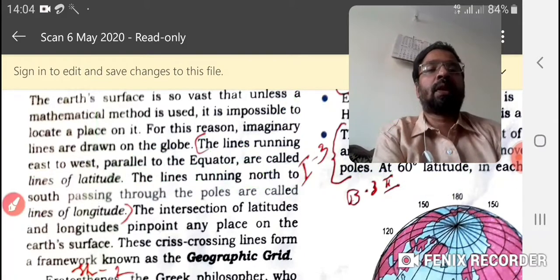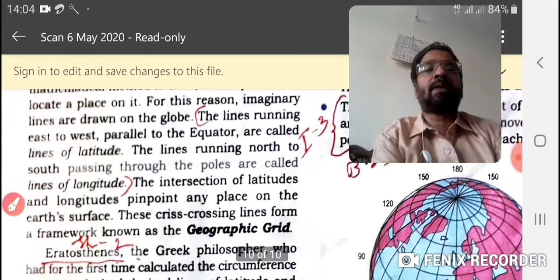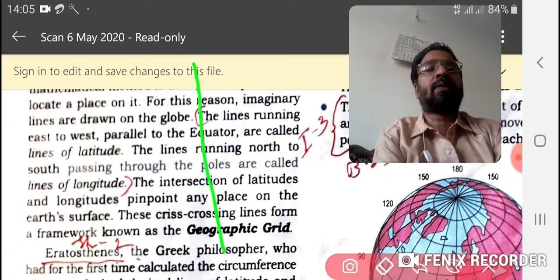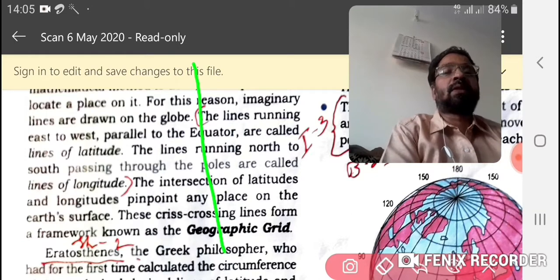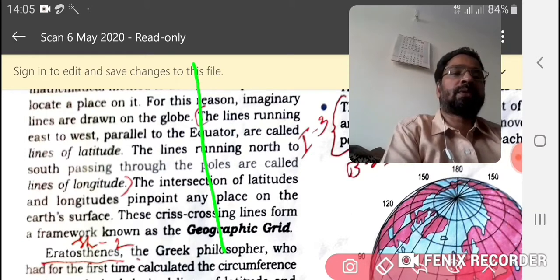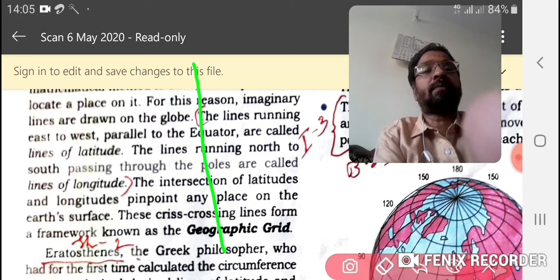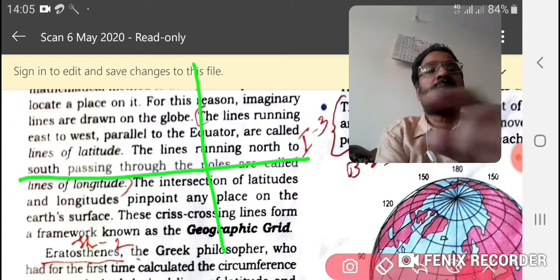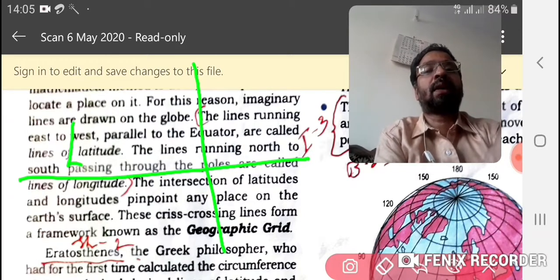Now let us see the lines running north to south. The line running north to south is known as longitude. Understand what I say? The line running from east to west is latitude.